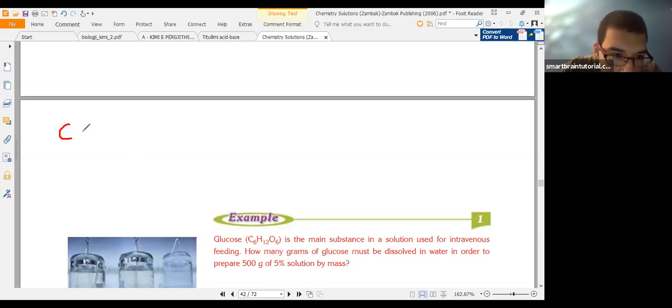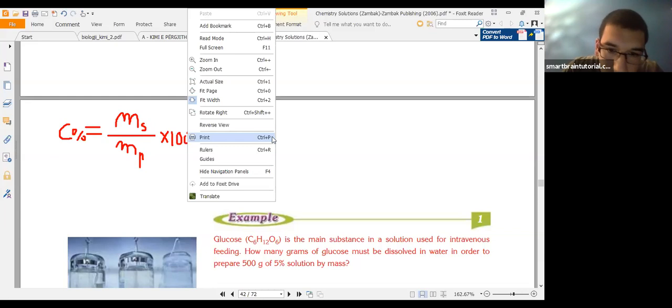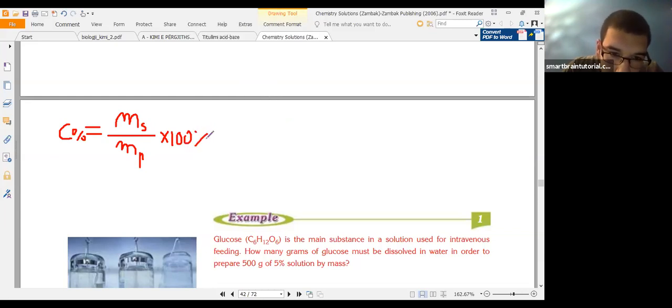Look, the percentage concentration is equal to the mass of solute over the mass of solution times 100%. The percentage concentration is 5%. What is the mass of solute? This is what we will find out.